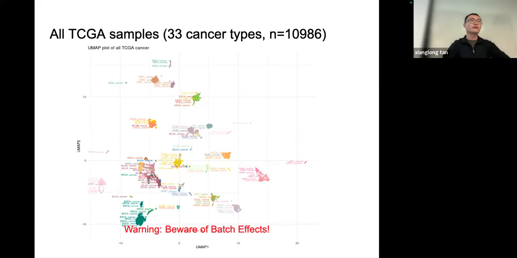So for example, if all the control samples in the PCA and the UMAP are all clustered together, then the difference between different cancers can be considered as potentially real biological difference, because our control samples were done at the same time, they're okay, right? That's a good indicator.